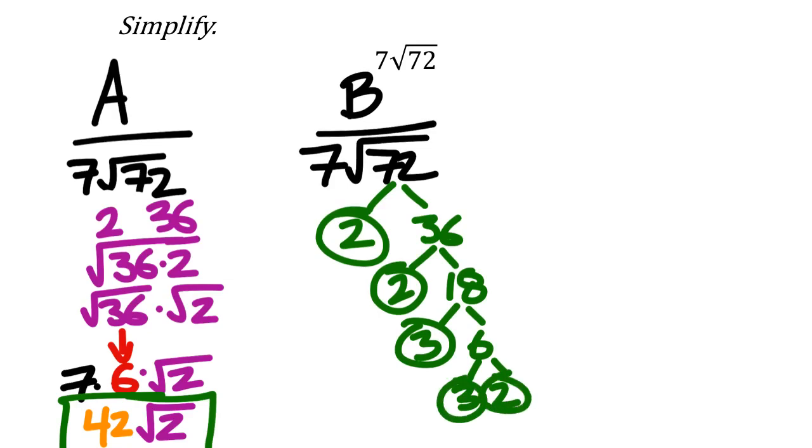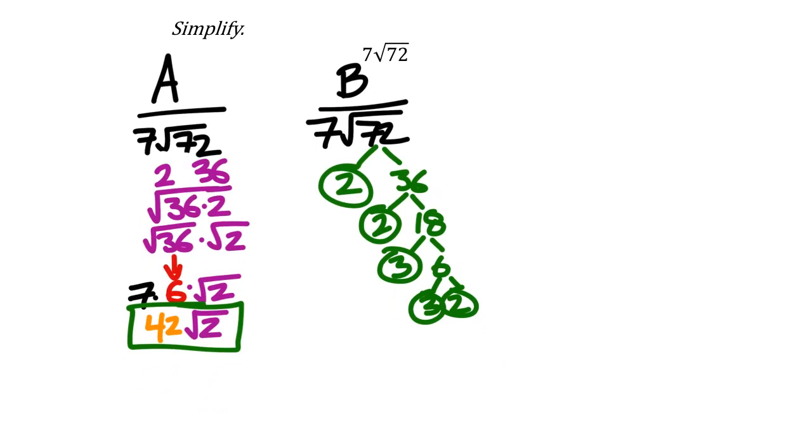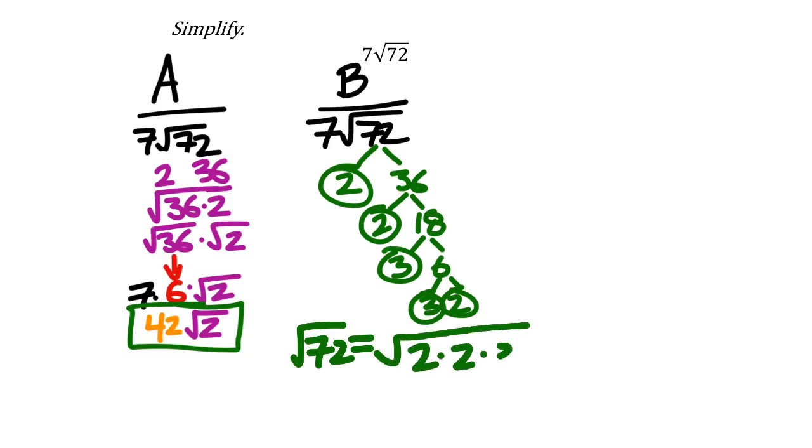All right, well, that's a good factor tree. That means that the square root of 72 is the same as the square root of 2 times 2 times 3 times 3 times 2. So, just like we did before, I'm just looking for pairs of values that match, like the 2's and these 3's.